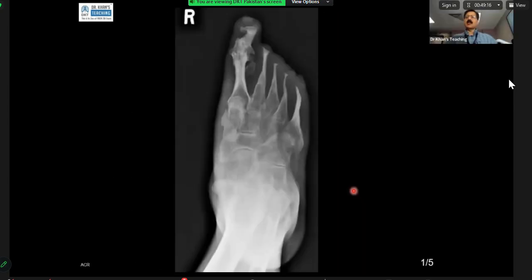Okay, Aunt Minnie case. What is this? So leprosy. There's a licked candy appearance of all the toes, and there's bony destruction, and reduced density of all the bones. Are you sure there is reduced density?